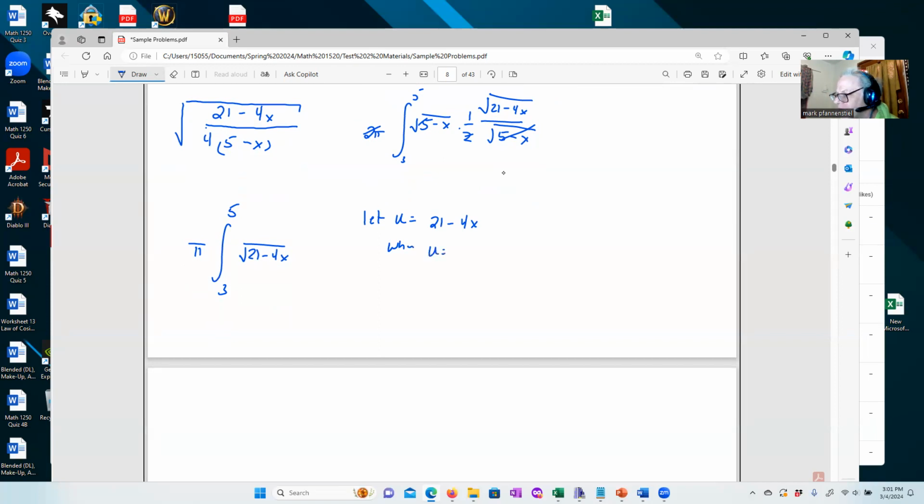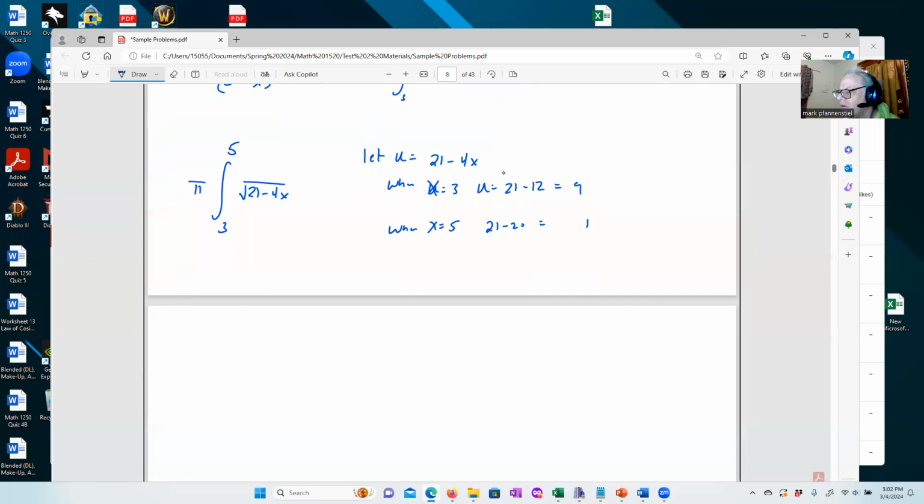When x equals 3, u is equal to 21 minus 4 times 3, which is 12, so we end up with a 9. And when x equals 5, we have 21 minus 20, which gives us 1. Our du is going to be negative 4dx.